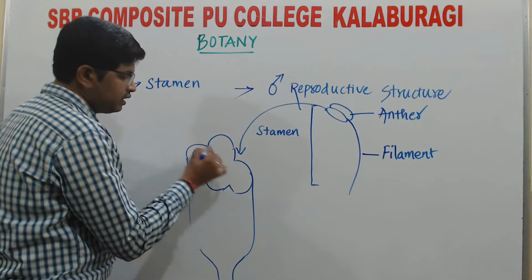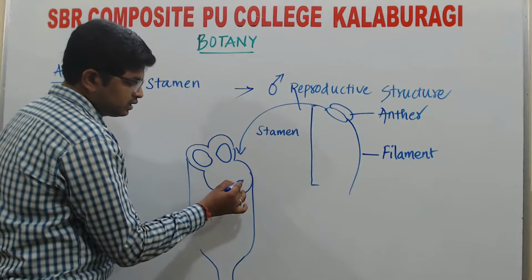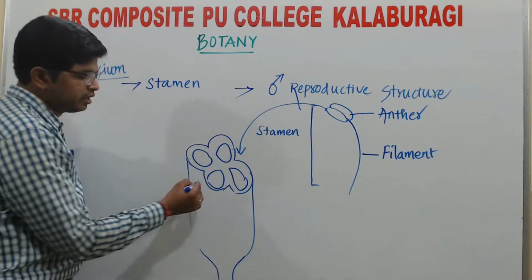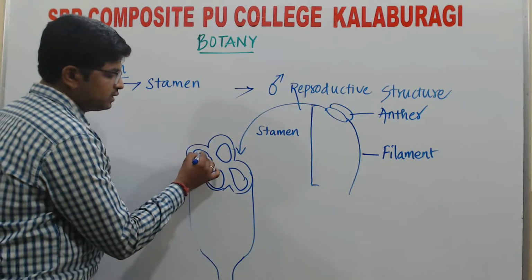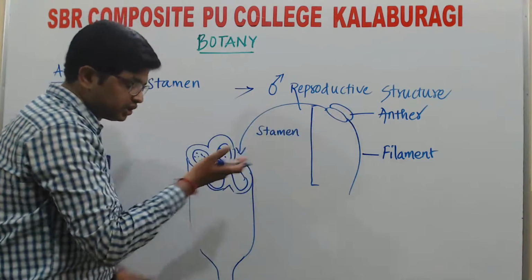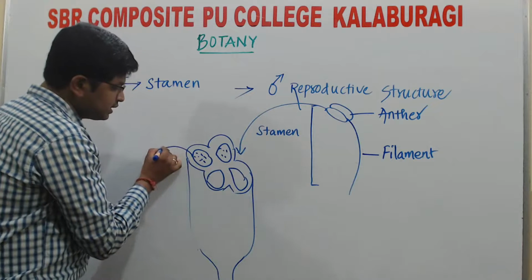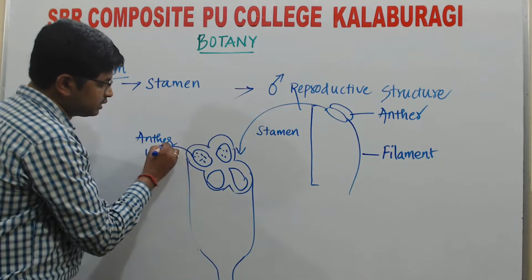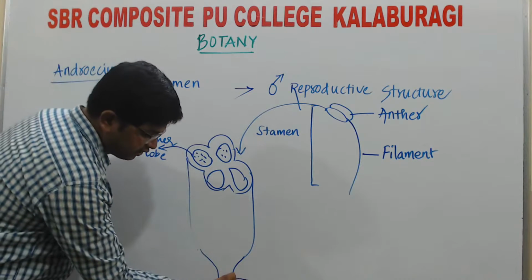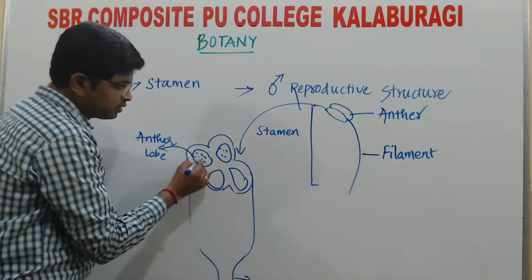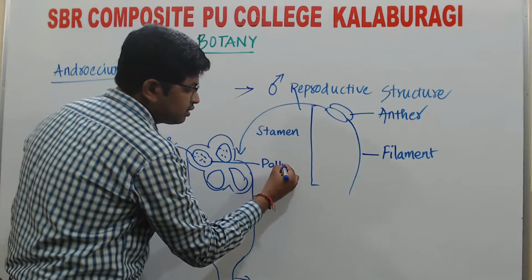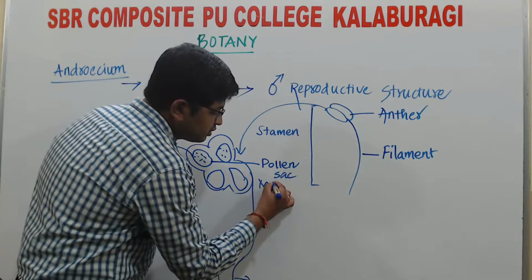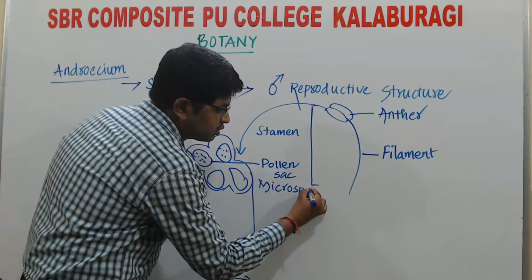Inside that you will have the pollen sacs, and inside that you will have pollen grains. So this is the transverse section when you cut it. This is the anther lobe, this is the filament I have drawn, and this is the pollen sac, or you can call it microsporangia.